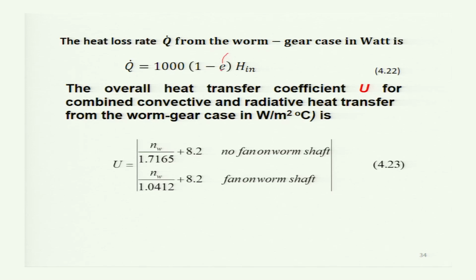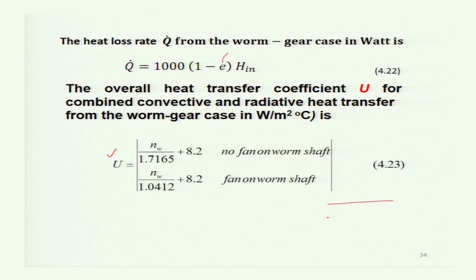So if the efficiency of the worm and worm gear drive is E and the heat input is H in, then Q dot will be 1000 (1 minus E) H in. The overall heat transfer coefficient U for combined convective and radiative heat transfer from the worm gear case is given by this formula for the case when there is no fan on the worm shaft.